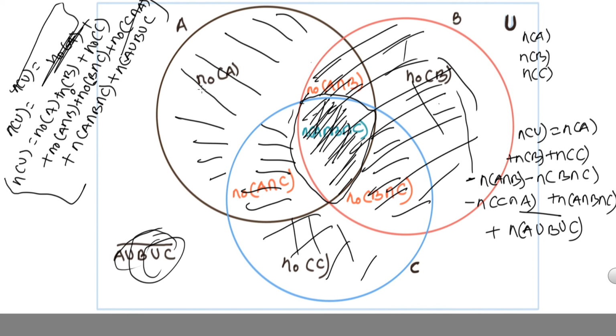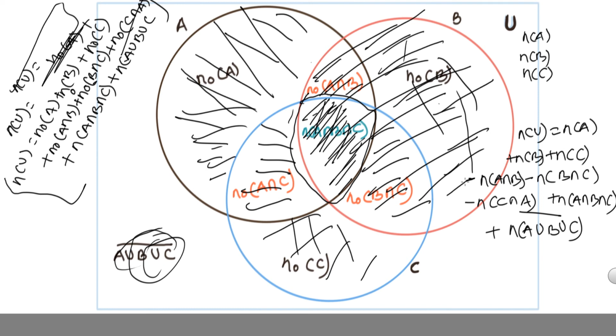So the main point is we should know this is only A or n not A, this is only B or n not B, this is only C or n not C, this area over here is n not B intersection C, this is the intersection of all three, so it's n(A intersection B intersection C), this is n not A intersection B. You just have to remember how we write n not A, n not B, n not C, n not A intersection B, and so forth.